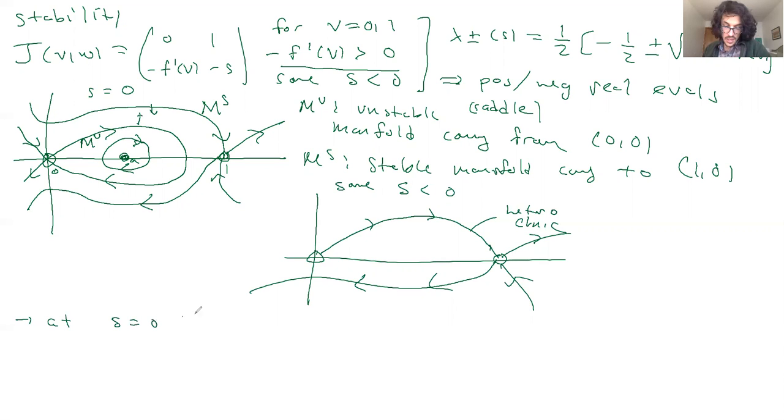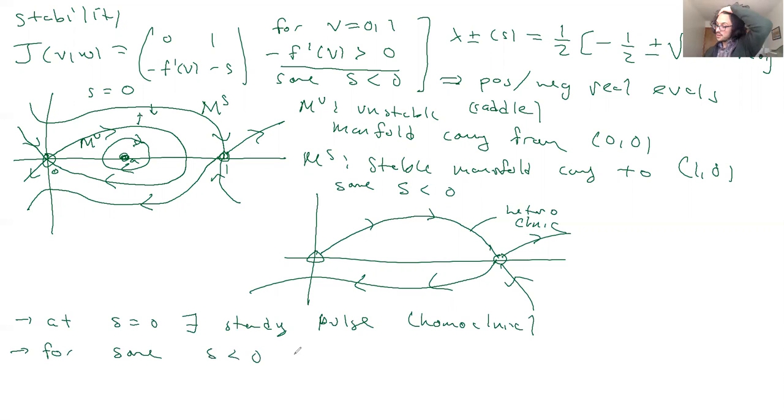At S equals 0, there exists some standing pulse, and that's our homoclinic orbit. And then for some S less than 0, there exists a traveling front, and we're calling that a heteroclinic, right?